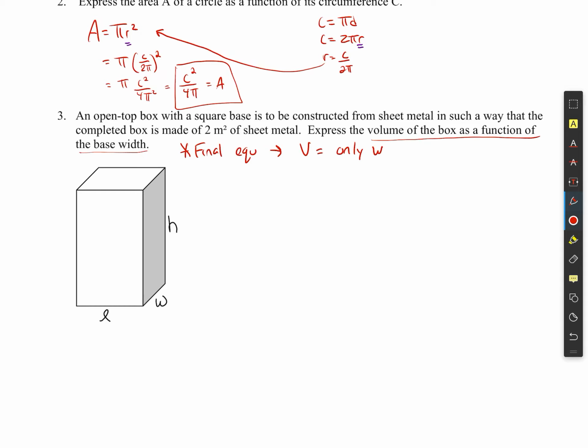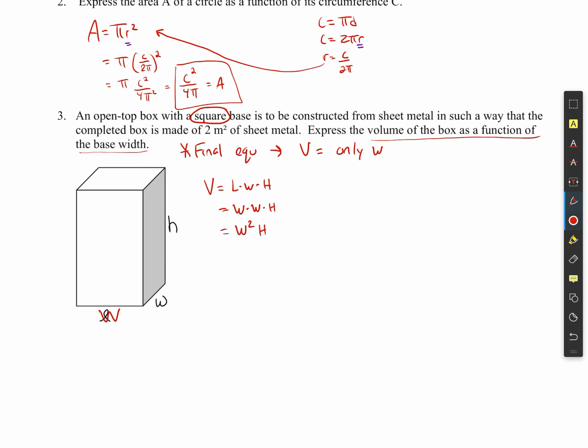So we know that in this situation, since we have a square base, the length is also w. Our volume formula is length times width times height, but in this problem it's width times width times height, which gives us width squared times height.